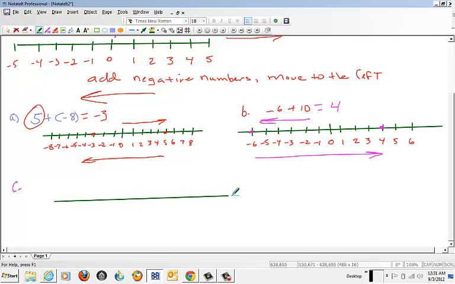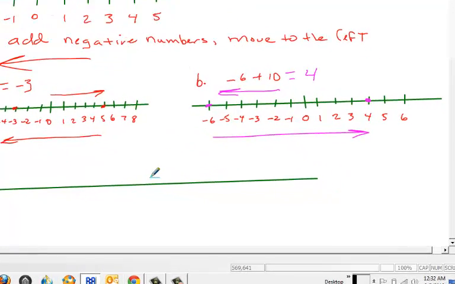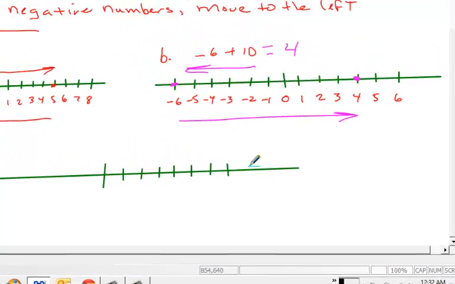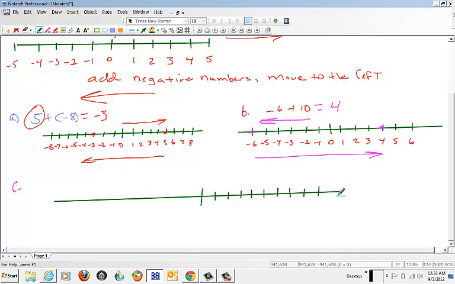So let me go ahead and constitute a number line for you, with 0, and we'll just do 9.